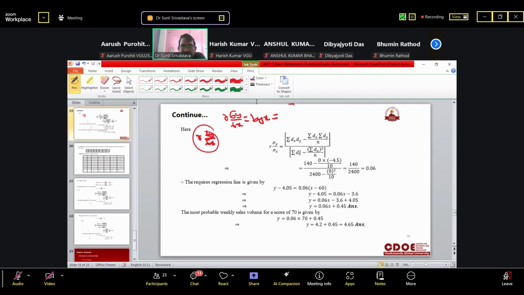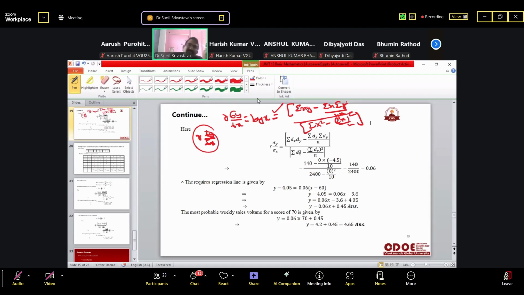The formula is given by summation of xy minus summation of x, summation of y upon n, divided by summation of x square minus summation of x whole square upon n. This was the formula we read in our previous questions. In that scenario, because we have taken the deviations, x we have to suppose dx, and y we have to suppose dy.